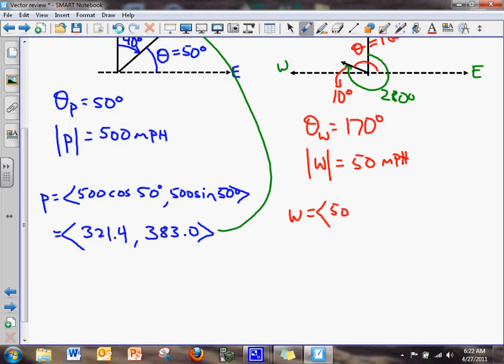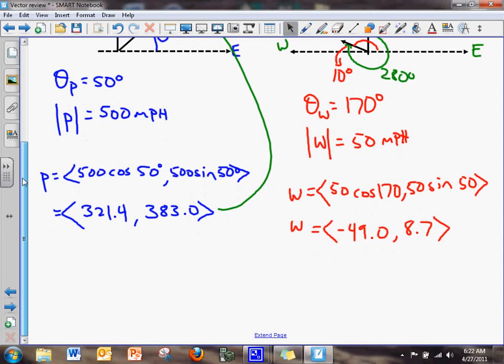The magnitude times cosine of the angle, the magnitude times sine of the angle. I got that calculation. So that is left, negative 49.0, and up 8.7. Awesome, we got our two components. We are ready to rock.